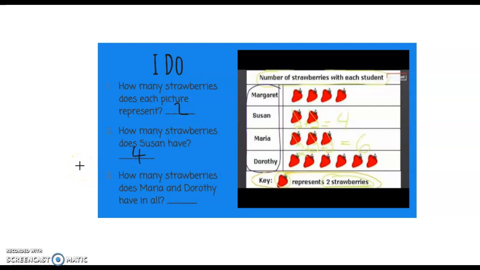Number 3 says, how many strawberries do Maria and Dorothy have in all? Maria has 2, 4, 6. And Dorothy has 2, 4, 6, 8, 10, 12.